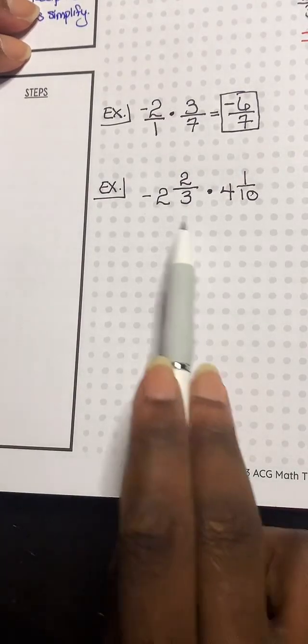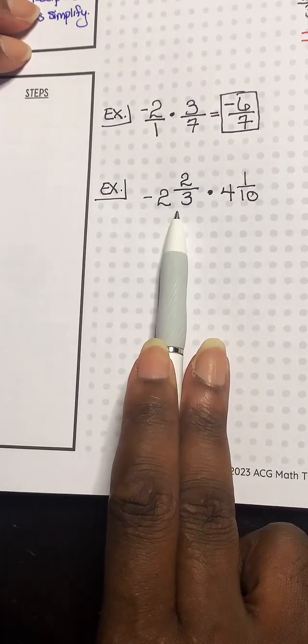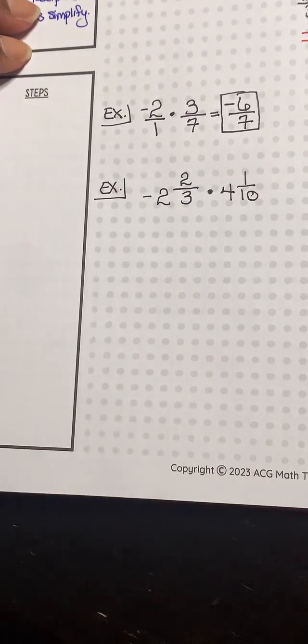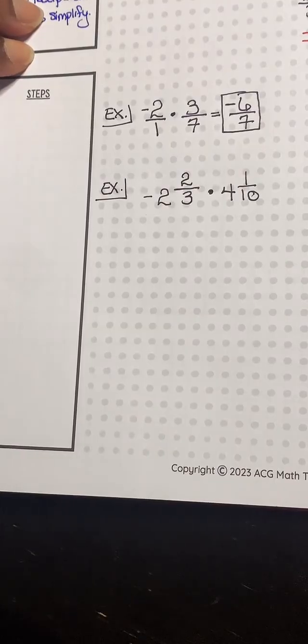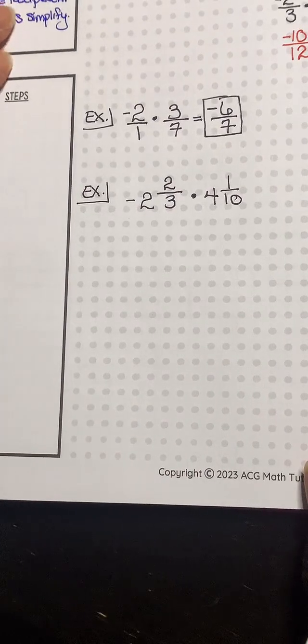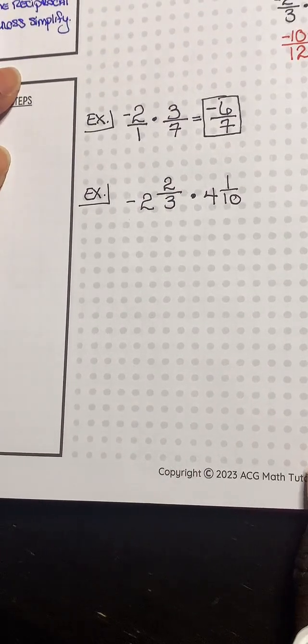So make it into what, an improper fraction? Is that what you're thinking, Princess? Okay, and that's what you did too? All right, you too? Okay.